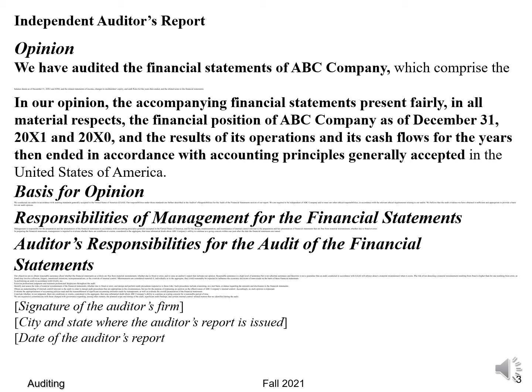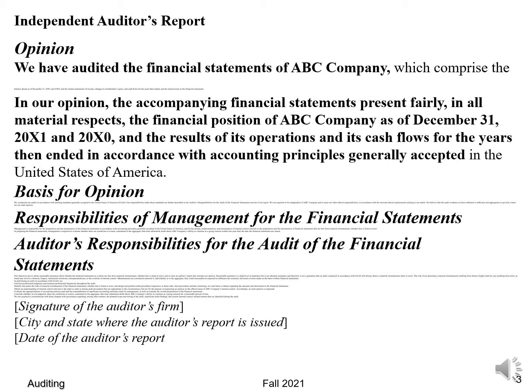We have audited the financial statements of. Now, most all of you have had 214, 321, 322, so you know what the financial statements are, which comprise the balance sheet as of 12/31, the income statement, statement of retained earnings, and statement of cash flows for the year then ended, and the related footnote disclosures. So we know that.